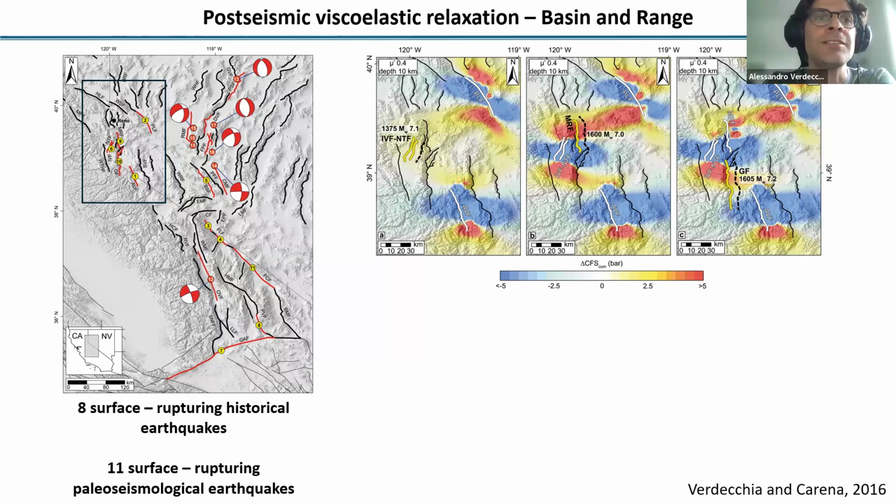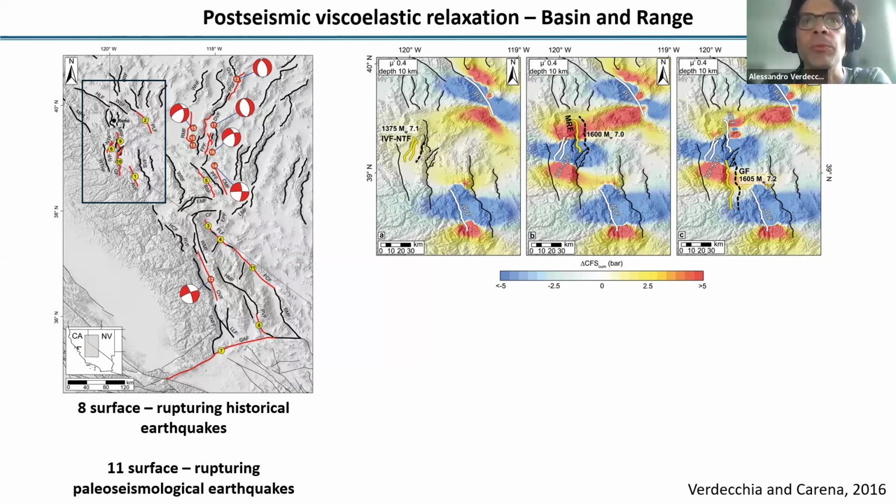Here we are in the Western United States, so an event that occurred 500 years ago is already a paleoseismological earthquake, because of course, if we compare the observation of earthquakes of the Western United States with regions like Italy or Greece or Europe in general, nobody was living in Western United States 500 years ago.